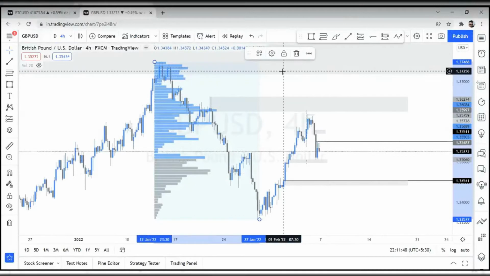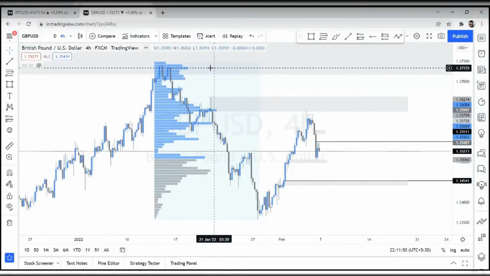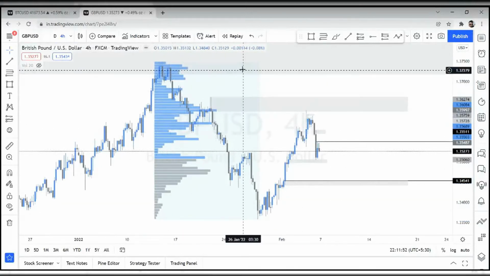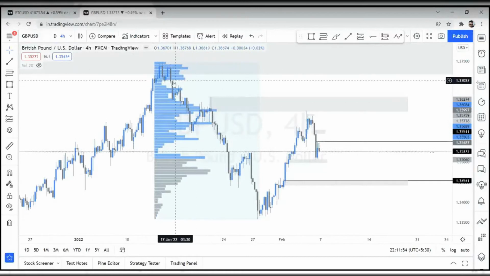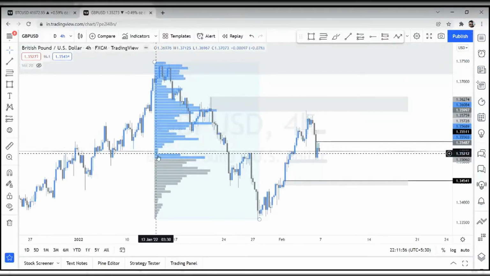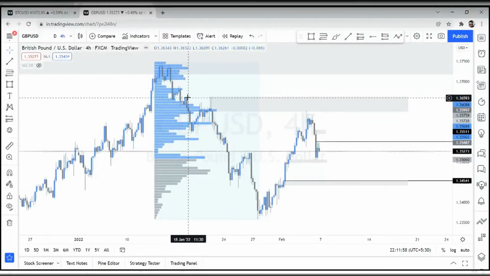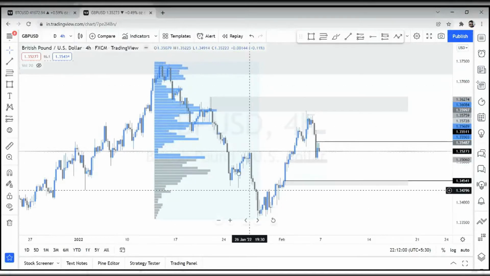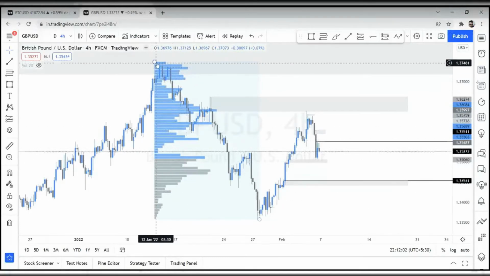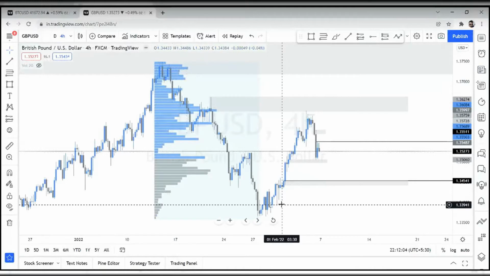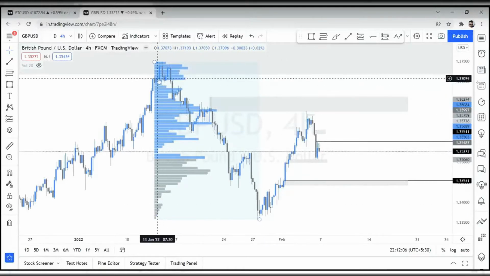By the way, you can use this volume profile or the fixed range. This is a very important tool that you can use. You can use it by drawing from a certain high to low, and you can look at where price is at, where there is the most liquidity.